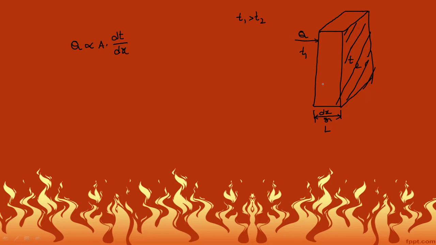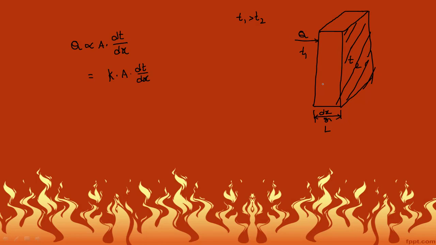Now, in order to remove this proportionality, we need to introduce a constant, and that constant we call the thermal conductivity of the material, denoted by K. Therefore, we get KA into dT by dx.